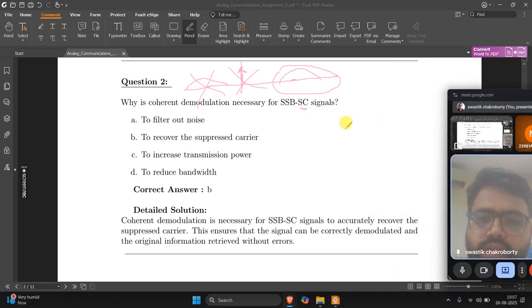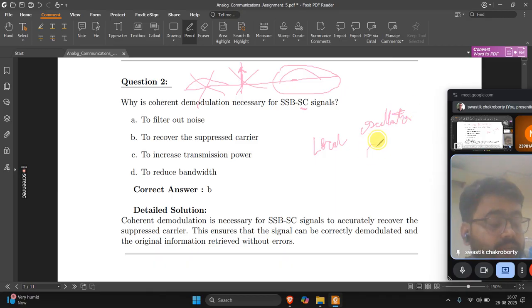So why is coherent demodulation necessary? Coherent demodulation means that you have to accurately give the exact frequency at the local oscillator of the demodulator, the frequency that was transmitted, because you are only detecting based on the sideband.